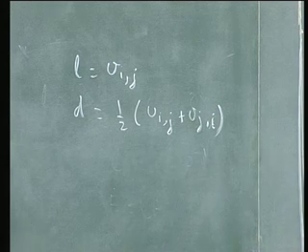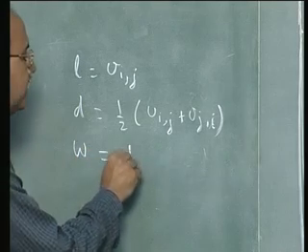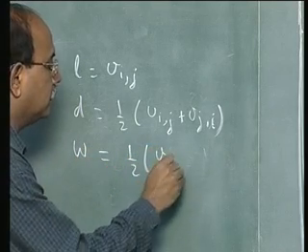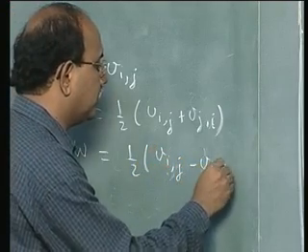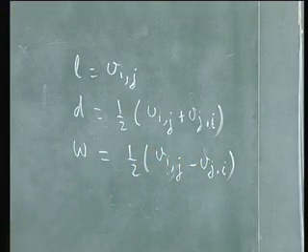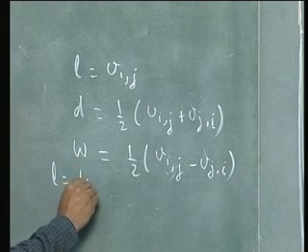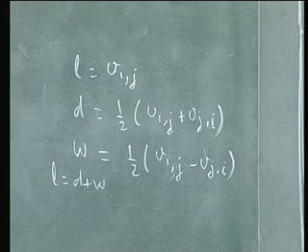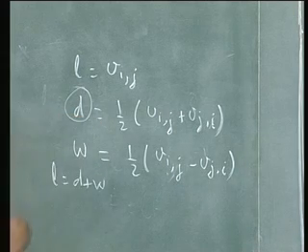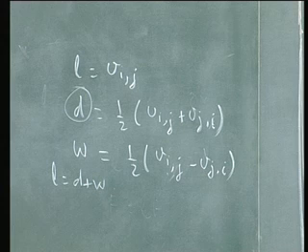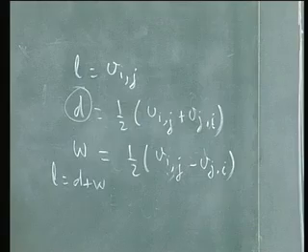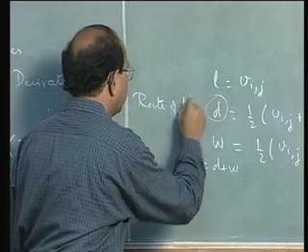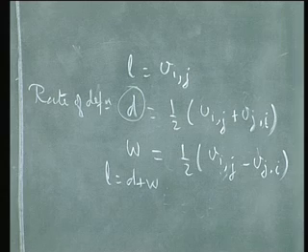And the skew symmetric part is given as half of Vi comma j minus Vj comma i, so that when you add this up, L is equal to D plus W. This D is an important quantity and is called the rate of deformation tensor.